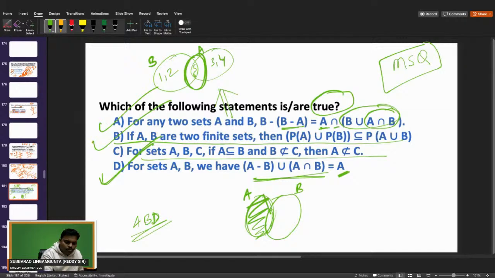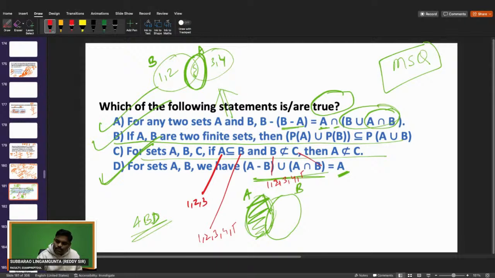Let me use another color. A is 1, 2, 3. B is 1, 2, 3, 4, 5.